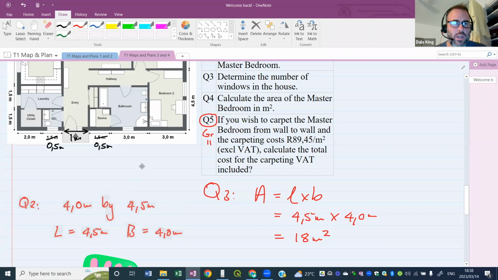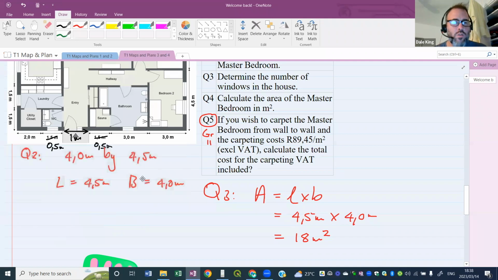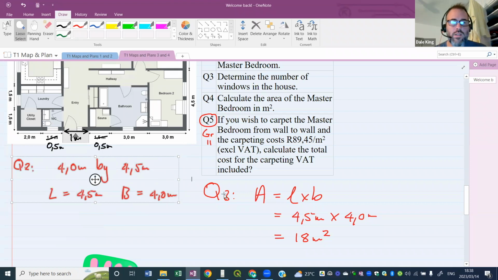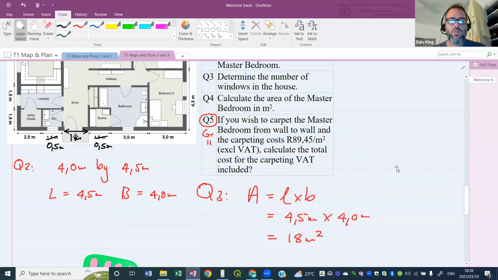This is a little bit trickier, and this relates back to the measurement course we did. Sometimes you will have to work out an answer in one unit and then be asked to change that unit into a different one. For example, I want you to take this answer and work out the area in centimeters squared. Call me crazy.